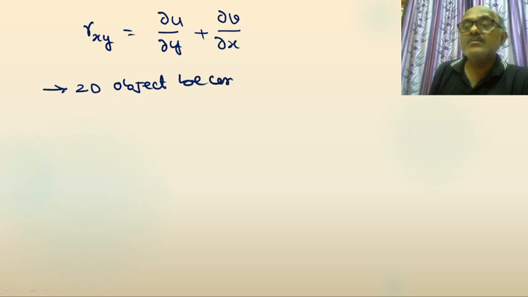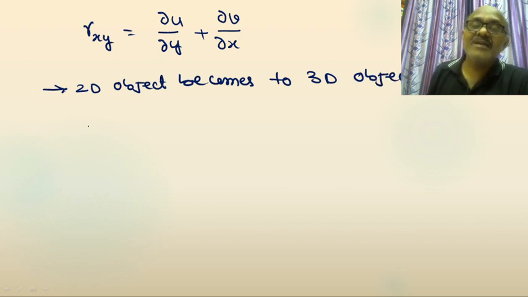Similarly, suppose a two-dimensional object becomes a three-dimensional object, a 3D object. At that time, two additional shear strains come into the picture, that is gamma yz and gamma zx.